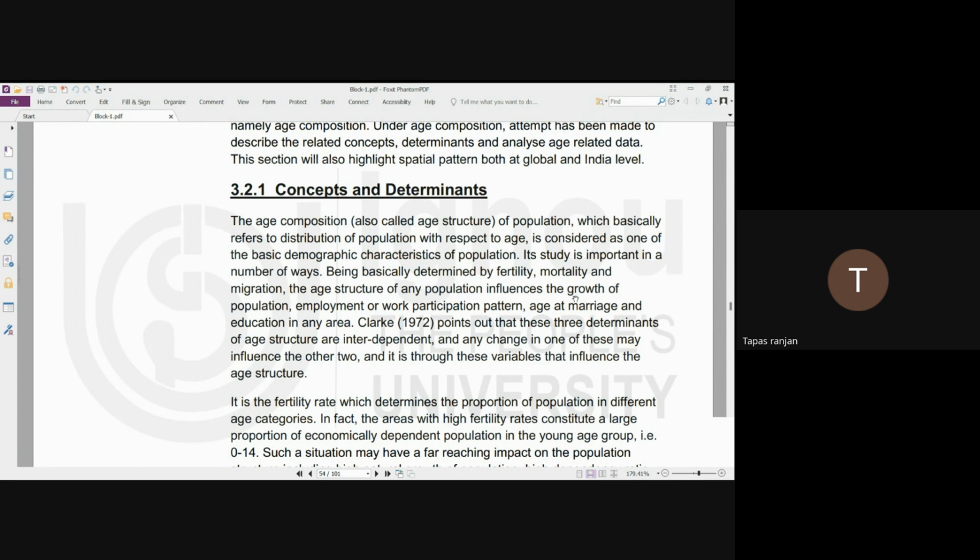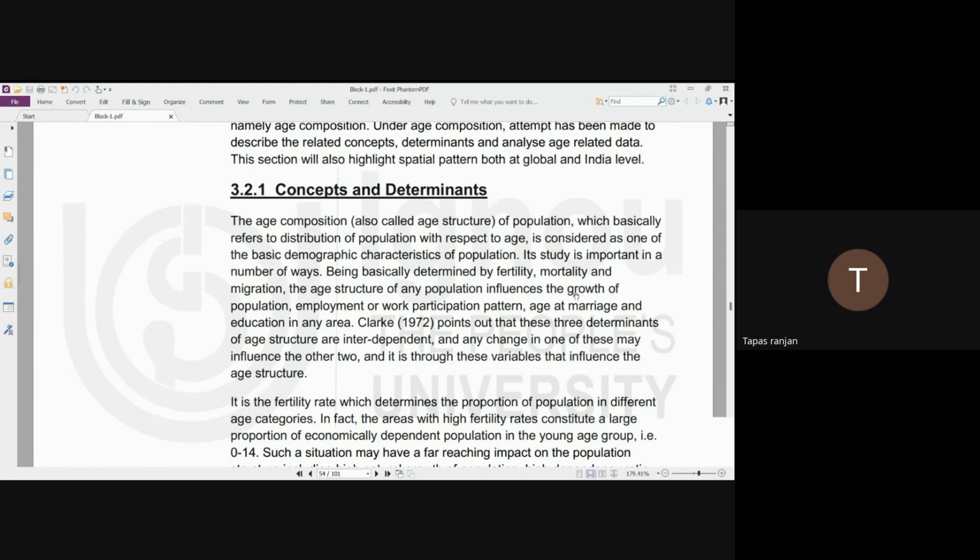Then you have migration. So migration also plays a vital role in determining the age composition of any region. Why? Because of employment opportunities, a lot of people from rural areas migrate to the urban areas.